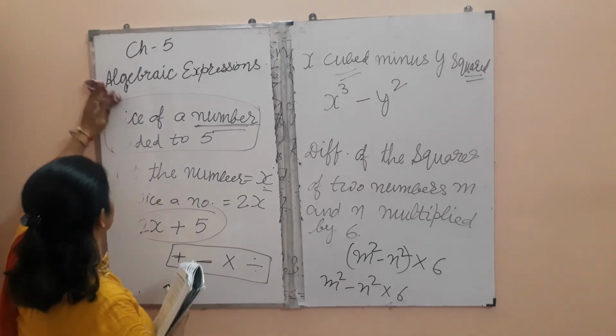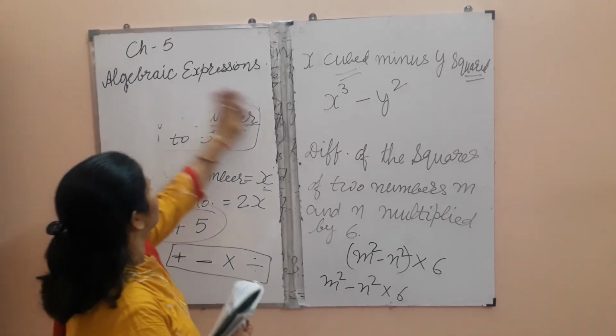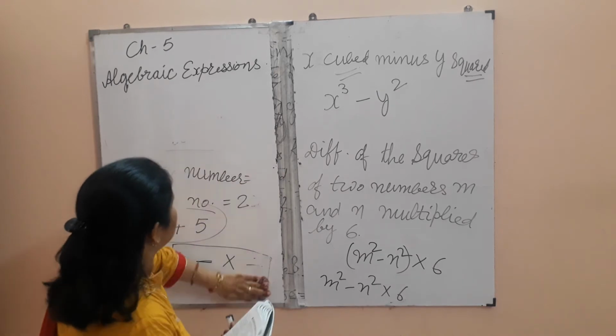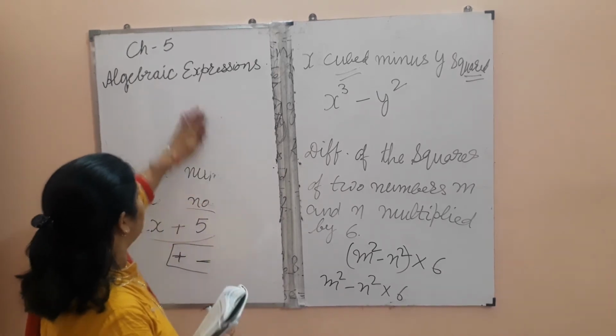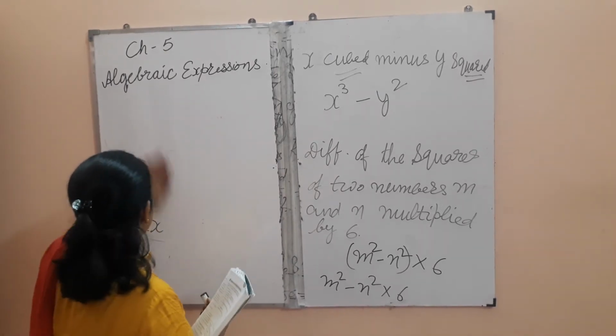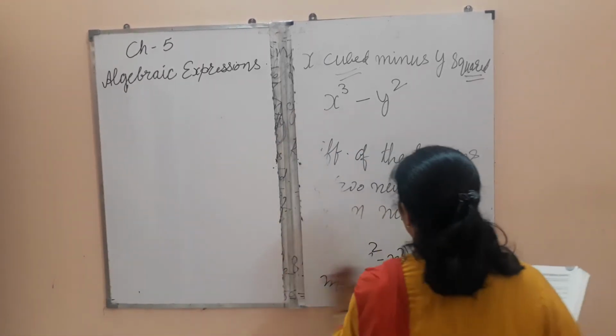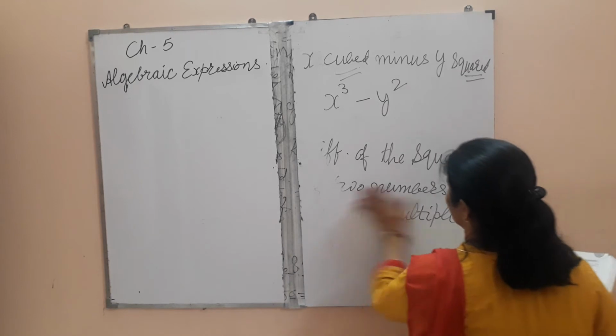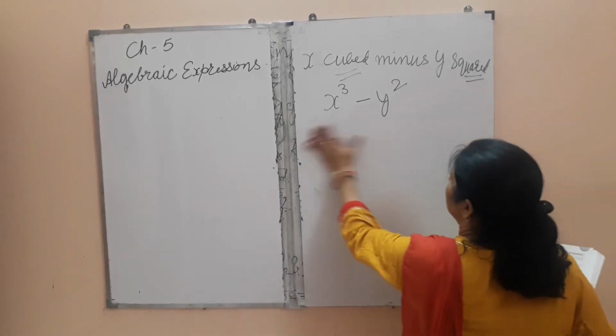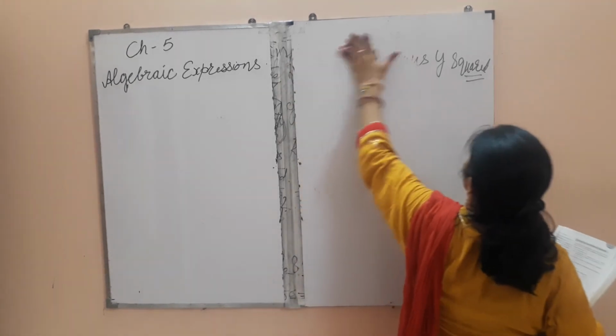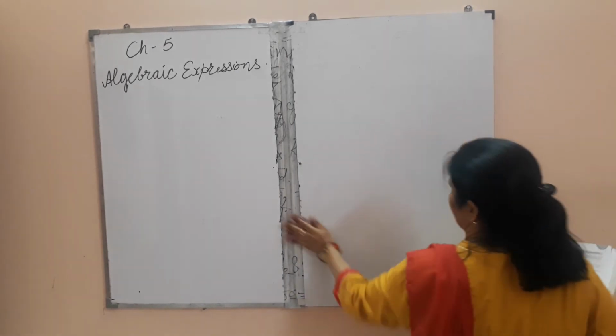In the previous class also you have done this; it is just a revision of the expression, and you know the variable, literal and constant very well. A constant is a number only and a variable is an alphabet.